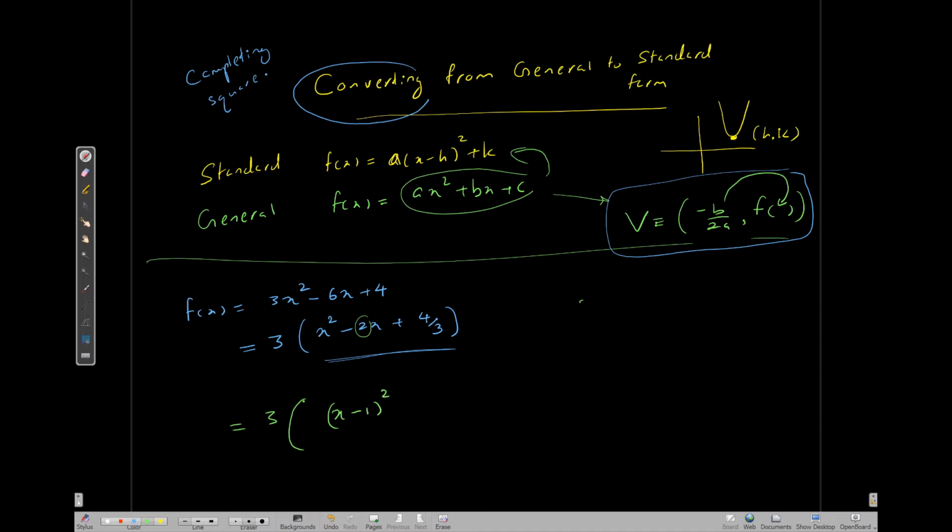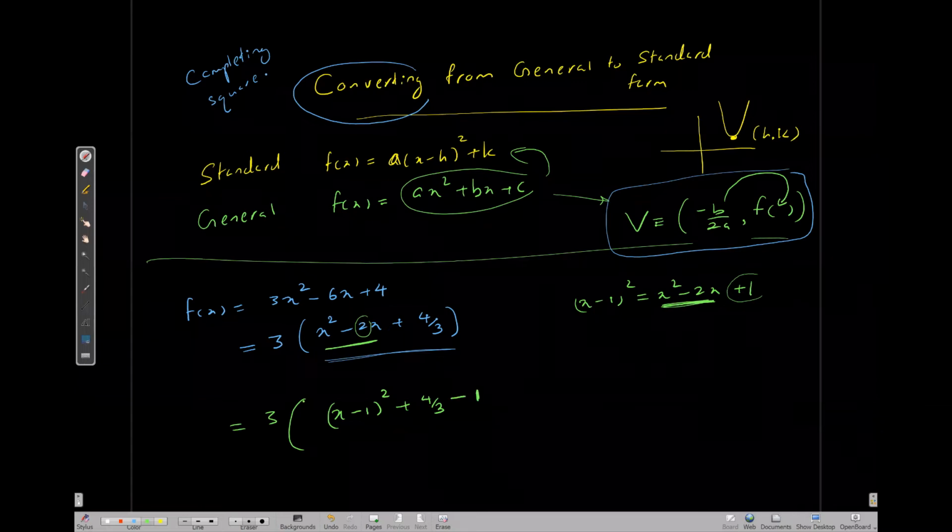Now in your head, you know (x minus 1) squared is x squared minus 2x plus 1, right? See this part here, we created that part, and we have an additional 1 here. So what we simply need to do is write down that number and subtract that 1, then they are the same.